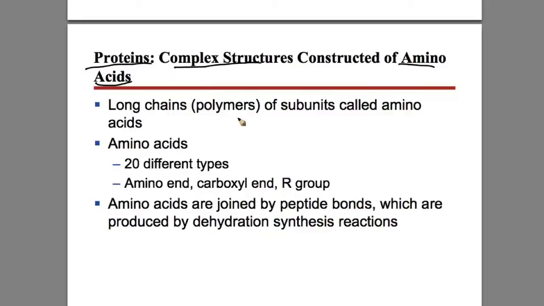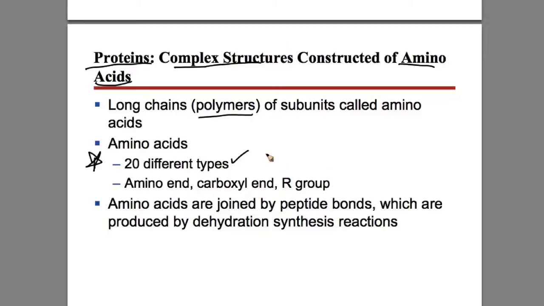They form long chains called polymers. And of the amino acids, there's 20 types that form proteins. There's a few different other amino acid types that don't form proteins, so they're not structurally important. They play other roles, but these are the main ones we talk about here, the 20 amino acids.